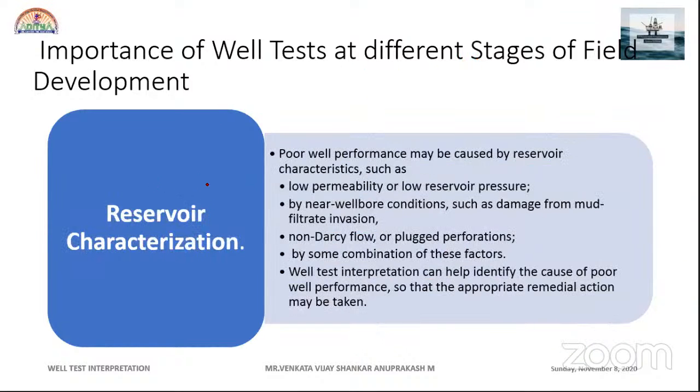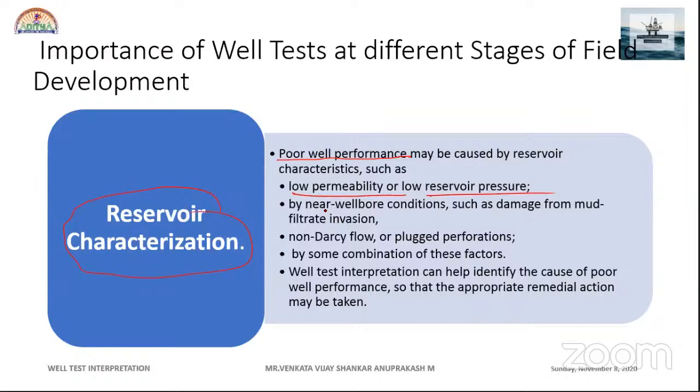Last but not the least is your reservoir characterization, because low permeability or low reservoir pressure is unable to produce and is not going to give you good performance, which results in poor well performance.